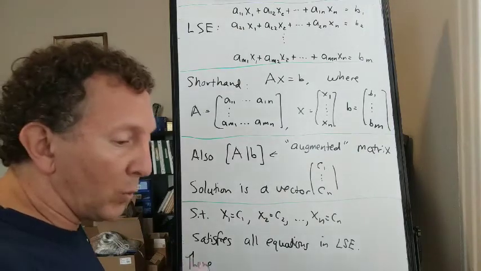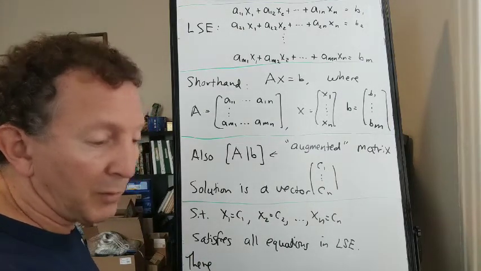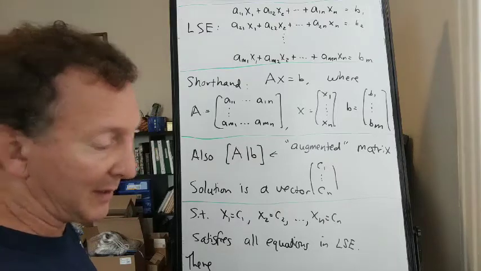Now there might be one unique solution, there might be no solutions, or there might be many solutions.